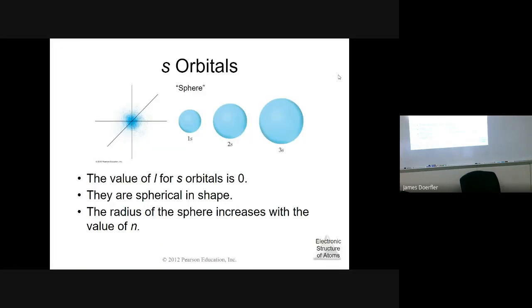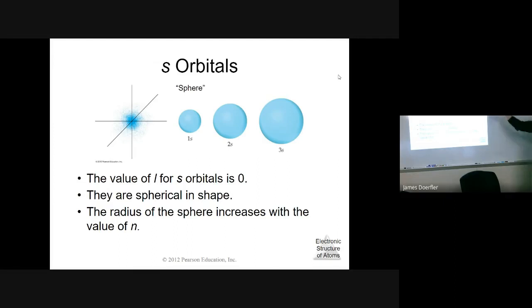Let's talk about our s orbitals. First of all, why do you think they call it the sphere orbital? Starts with an S, and look at its shape. What shape is it? It's a sphere. Looky there.